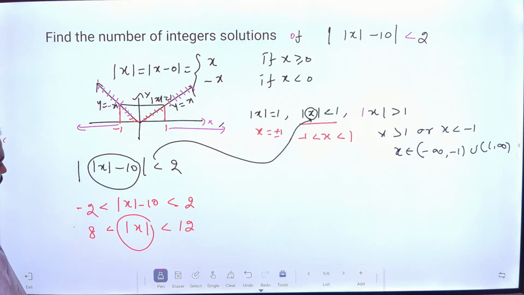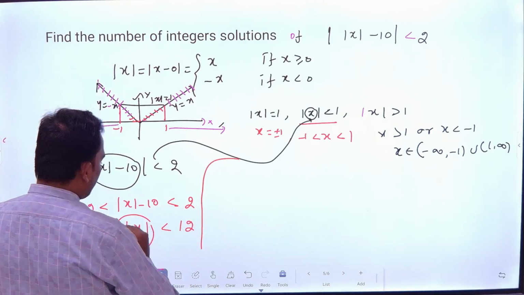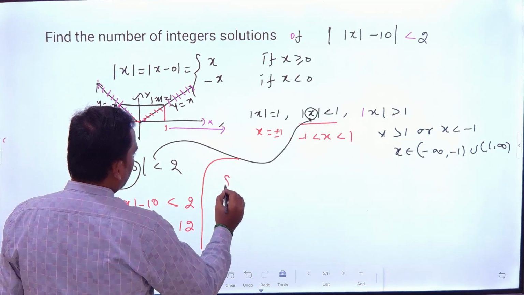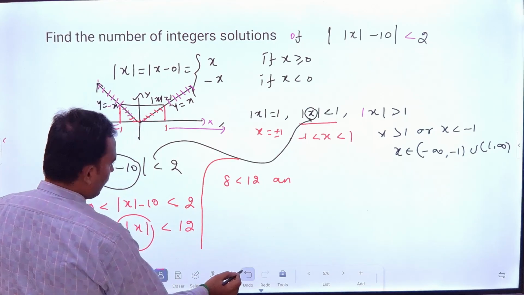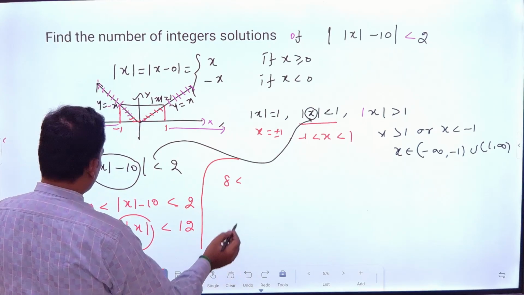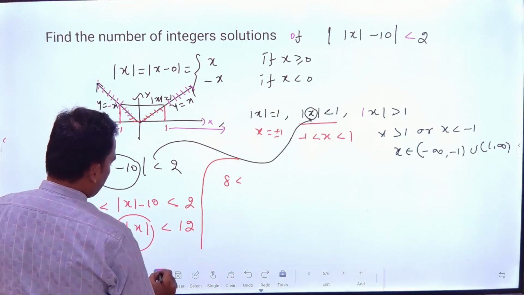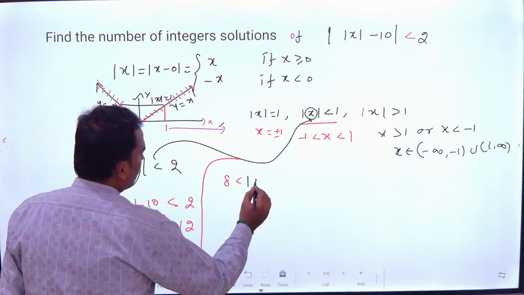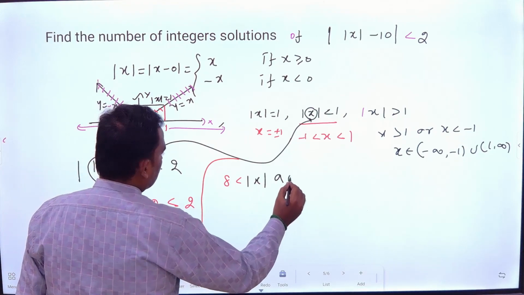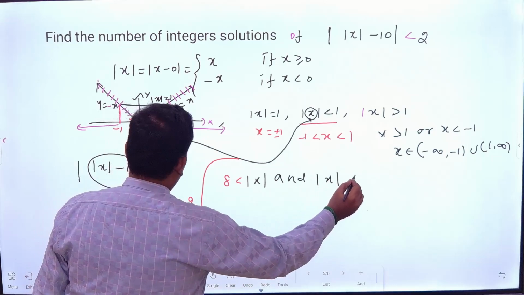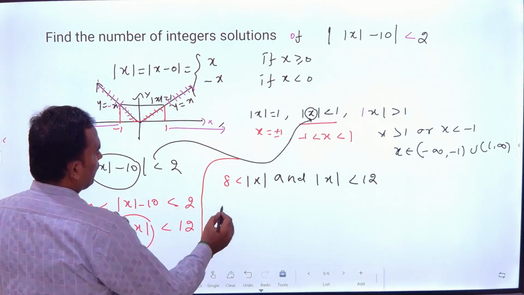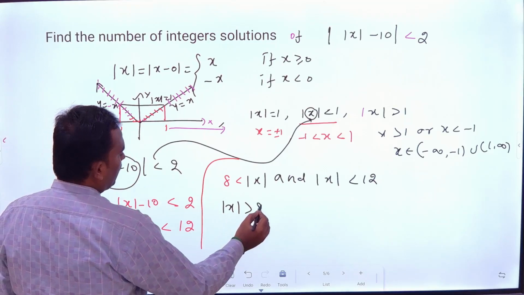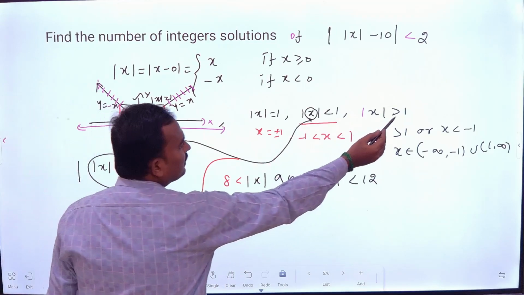So we break it into 8 less than mod x, and mod x less than 12. Then how to solve this quickly? Mod x greater than 8: use the idea of mod x greater than 1.